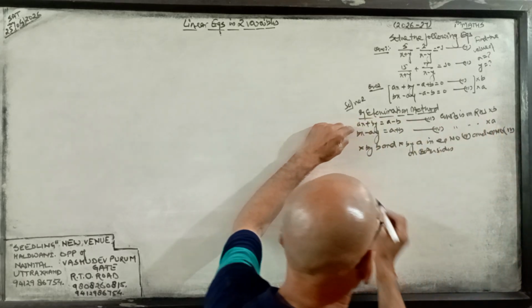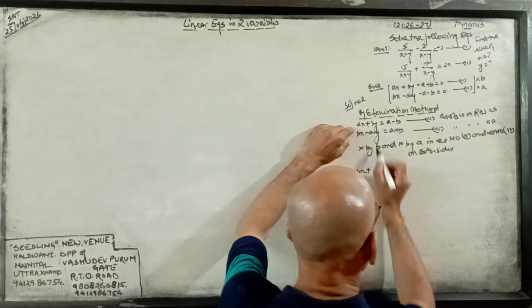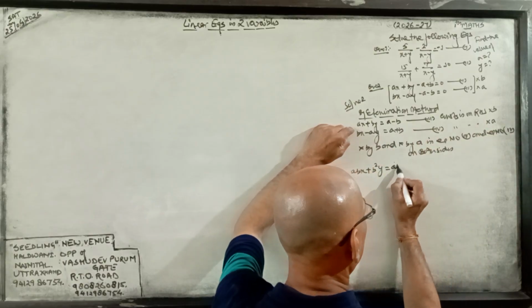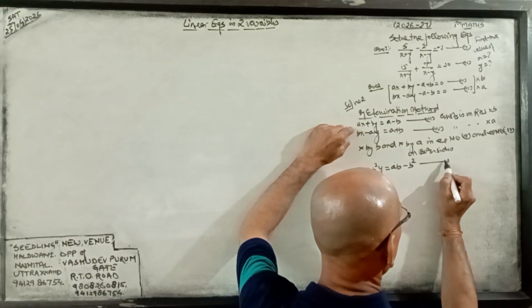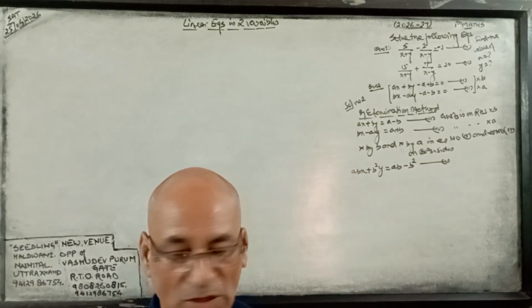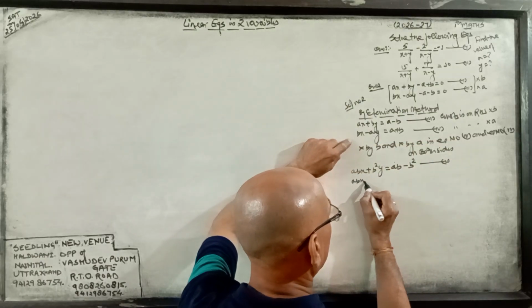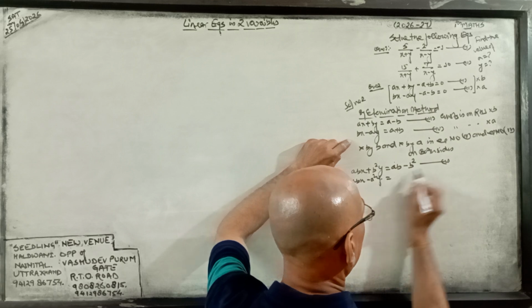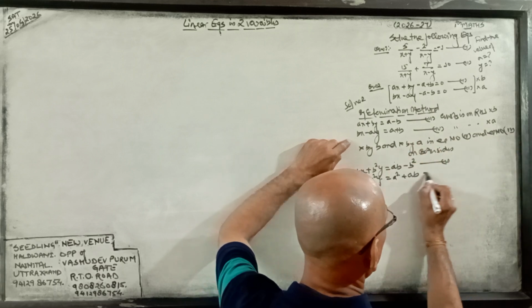Because b into a is ab... b into ax plus b into by gives b square y, equal to b into a minus b, b square. Now look, a into b is abx, a into a is a square y, equal to a square plus a b.